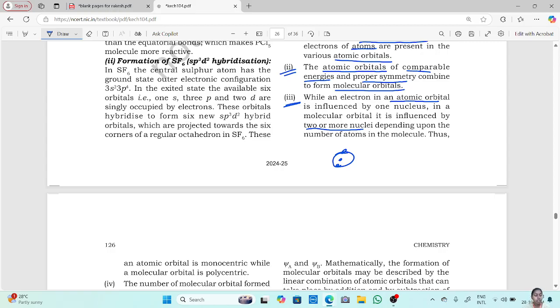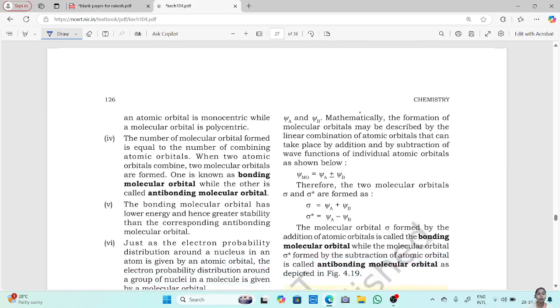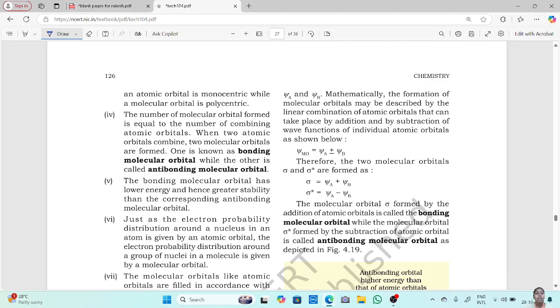So the nuclei of both the atoms influence the electrons in that molecule. Thus an atomic orbital is monocentric while a molecular orbital is polycentric. Why is an atomic orbital monocentric? Because it has only one nucleus in the center, whereas a molecule is polycentric because it has two or more atoms, and each of those atoms has a different nucleus, so it has polycentric nature.